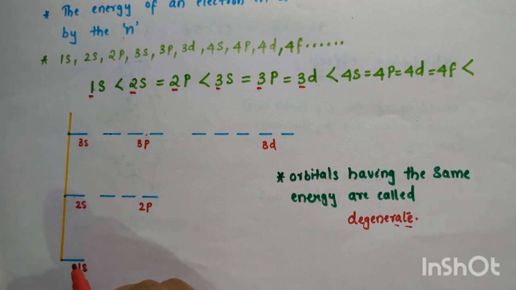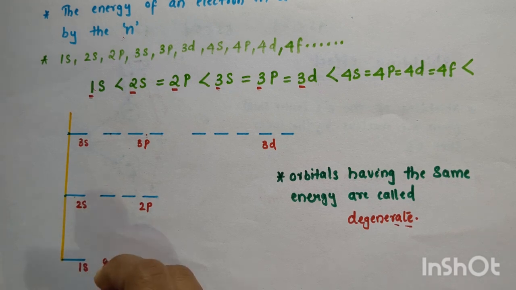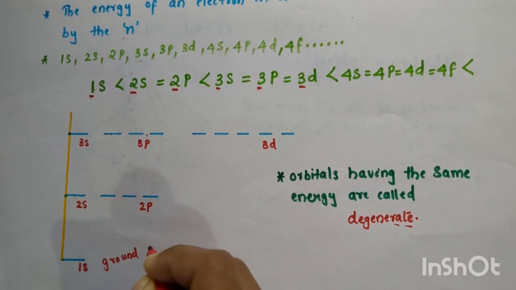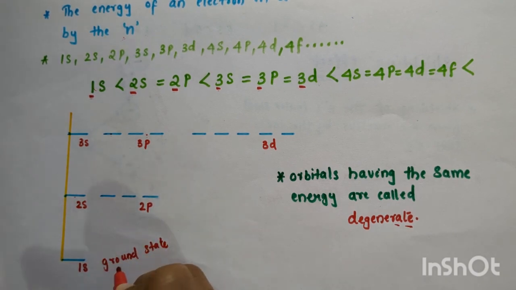See, the 1s orbital in a hydrogen atom corresponds to the most probable, most stable condition, and it is called the ground state. An electron residing in this orbital is more strongly held by the nucleus.